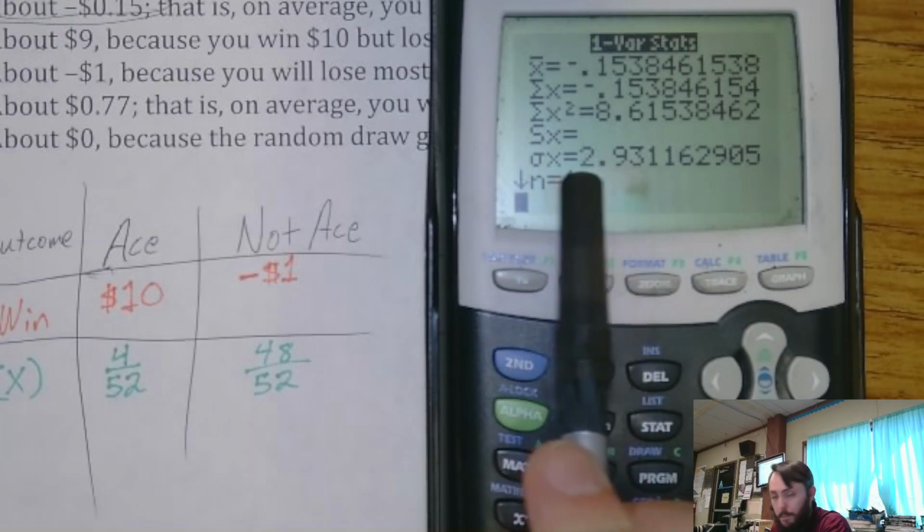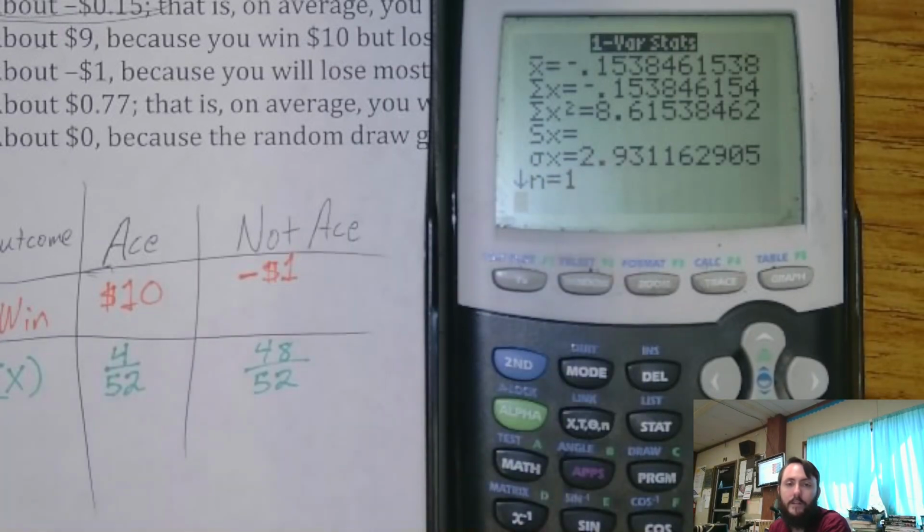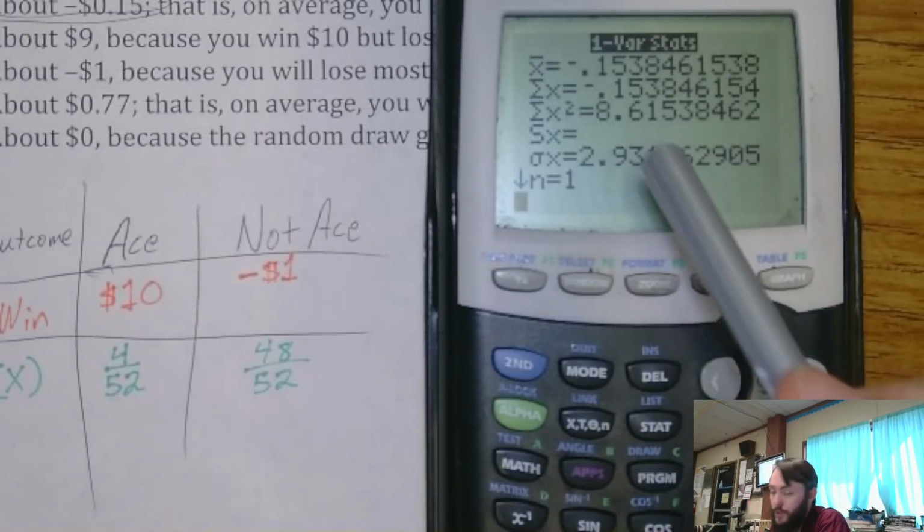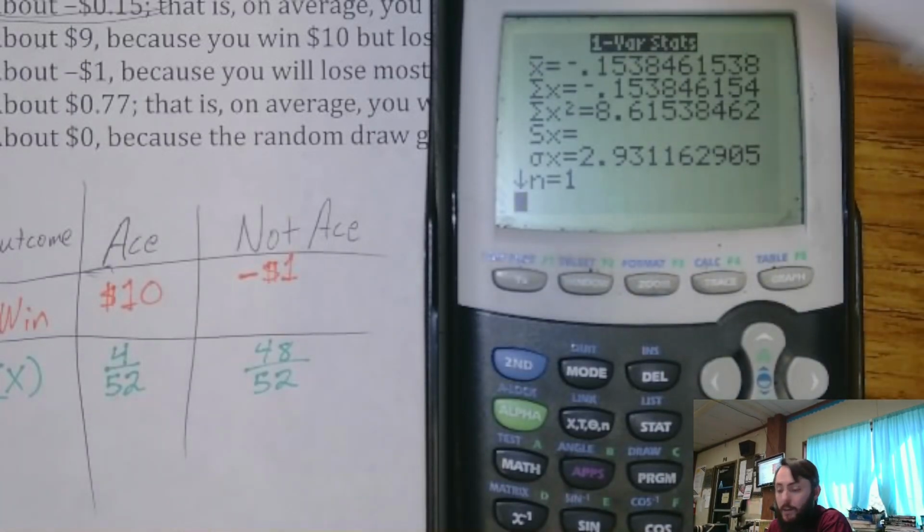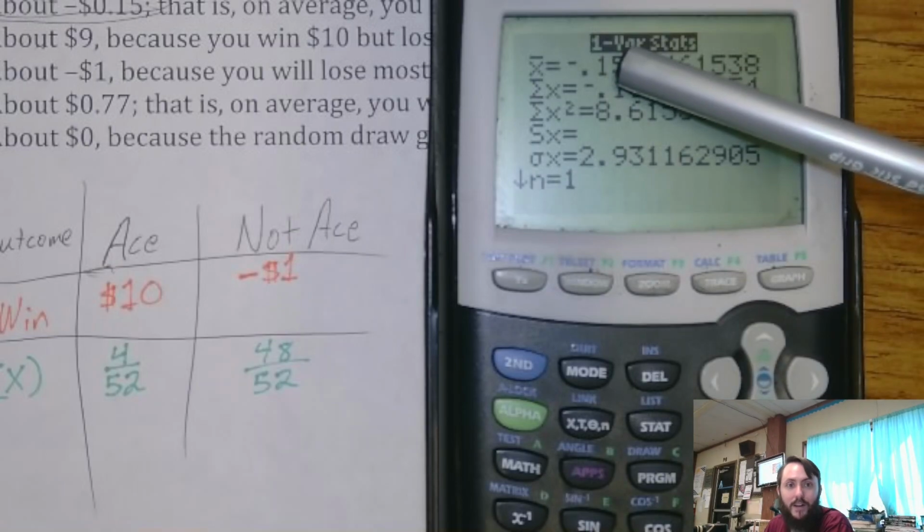So 2.93 is the standard deviation. So the amount that we actually win per turn will typically be $2.93 away from the mean value of negative 15 cents.